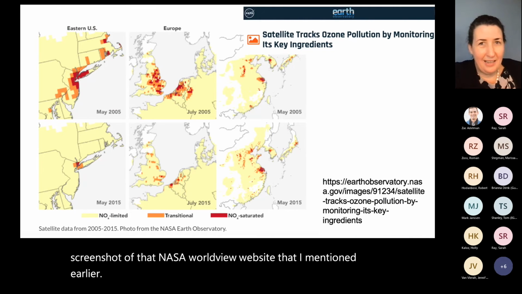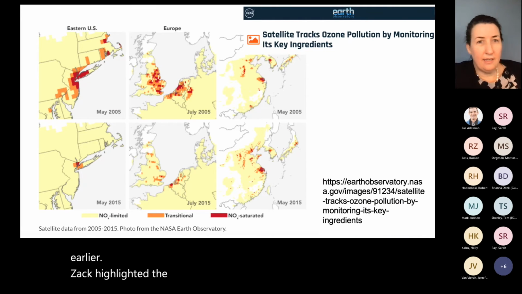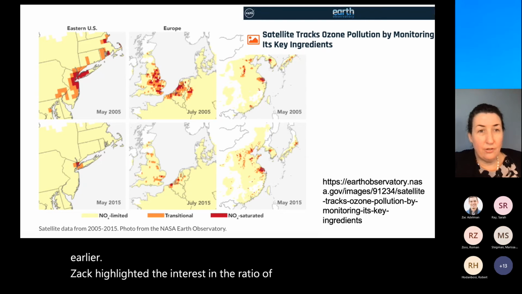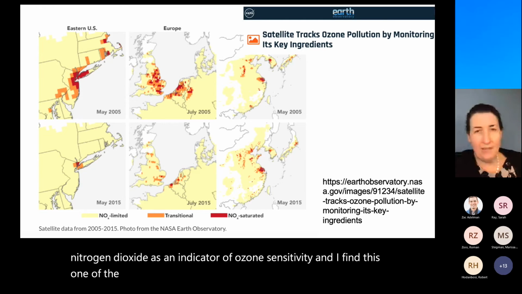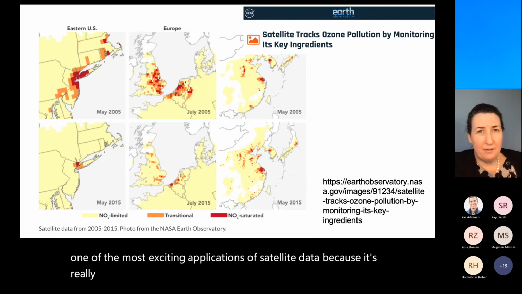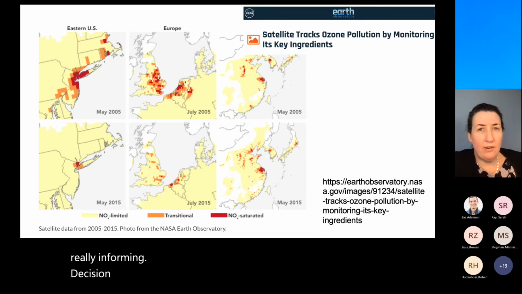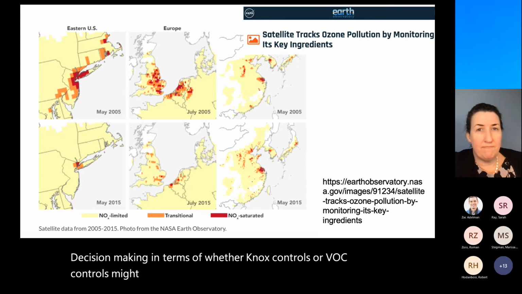Zach highlighted the interest in the ratio of formaldehyde to nitrogen dioxide as an indicator of ozone sensitivity. I find this one of the most exciting applications of satellite data because it's really informing decision-making in terms of whether NOx controls or VOC controls might be more powerful in reducing ozone.